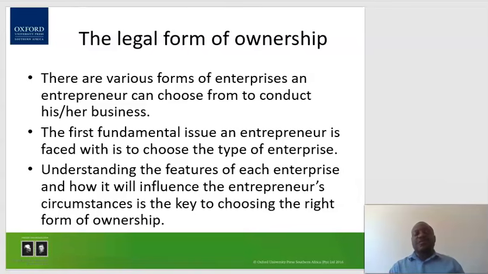So whilst there are a number of forms of enterprises that one can choose from, it is important to realize that there are various advantages of those and also disadvantages of those. So important decisions have to be made by the entrepreneur to decide which form of business enterprise they will opt for.